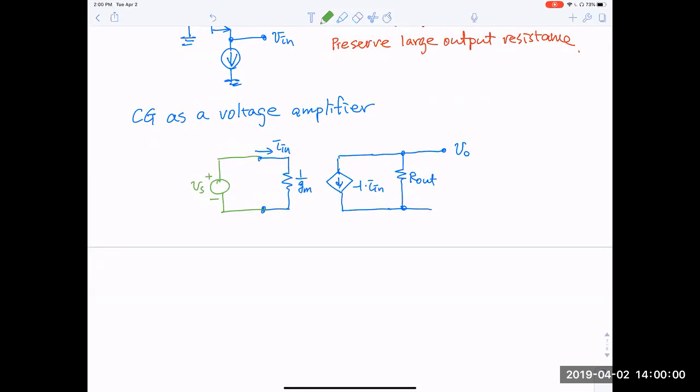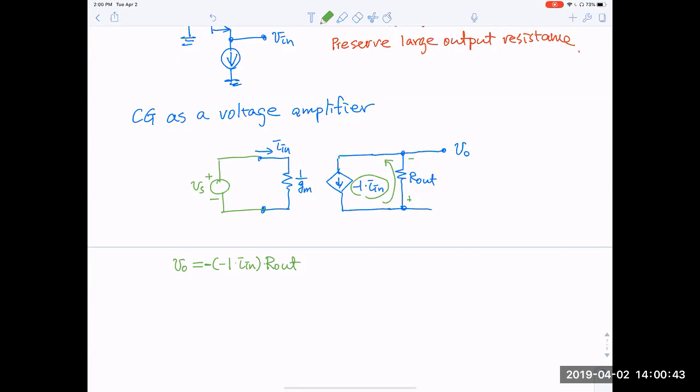V out, VO, is equal to the current, basically the whole current, -1 times I in, okay? And this current is going upward, as indicated by the arrow in the drawing of the dependent current source, so it's going upwards here, which warrants another minus sign in front, times R out. So this will be equal to V out.